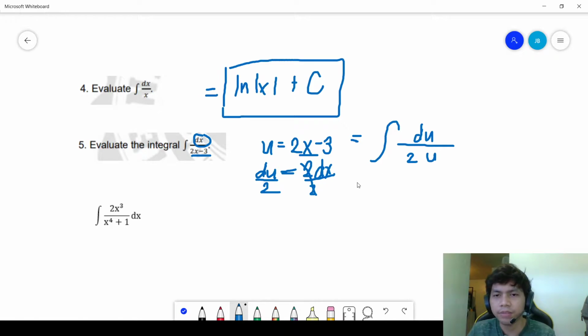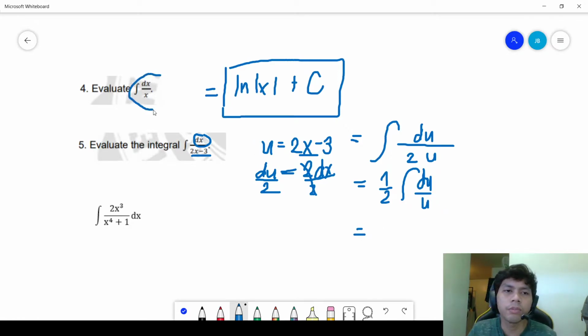Okay, so now you have the integral of du over 2u. Once again, this is a constant, so we take out the constant, and it becomes 1/2 integral of du over u. What is the integral of du over u by theorem 6? That's ln of u plus c.